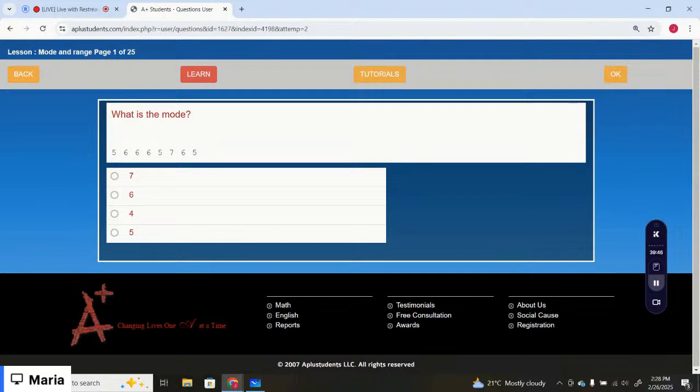Which number is it? The mode is 6. 6 is the number that appears the most in the given data.